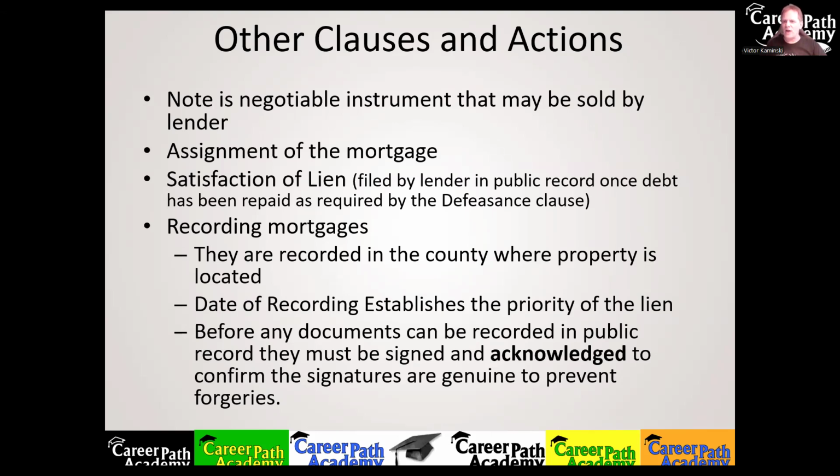A notary checks your ID, or a judge, an attorney, or a trusted public official, AKA an elected politician, believe it or not. They could all do acknowledgements. They just say that this person has appeared before me and produced sufficient evidence proving who they are, and then we witness them signing the document. Okay, that prevents forgeries.